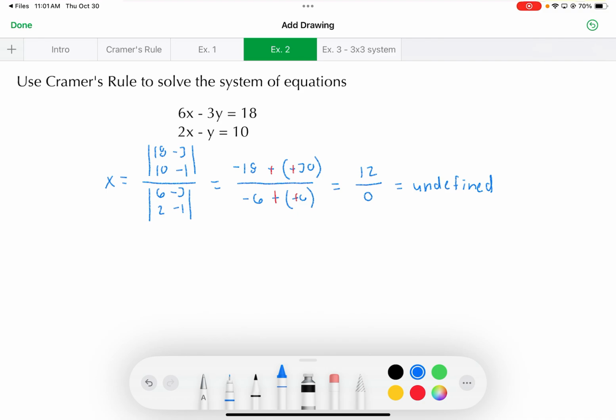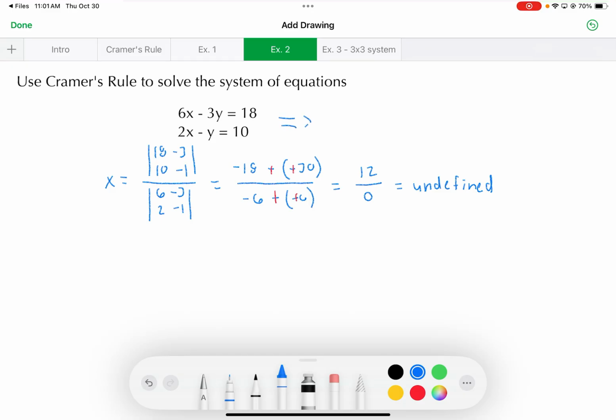Okay, so this presents a little bit of an issue. What this tells me is we don't have a single solution, one intersection point here. So let's go back up and inspect the original equations.